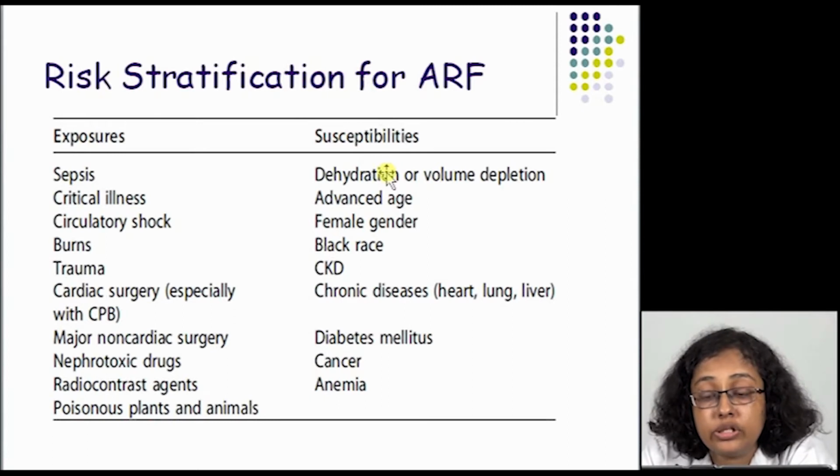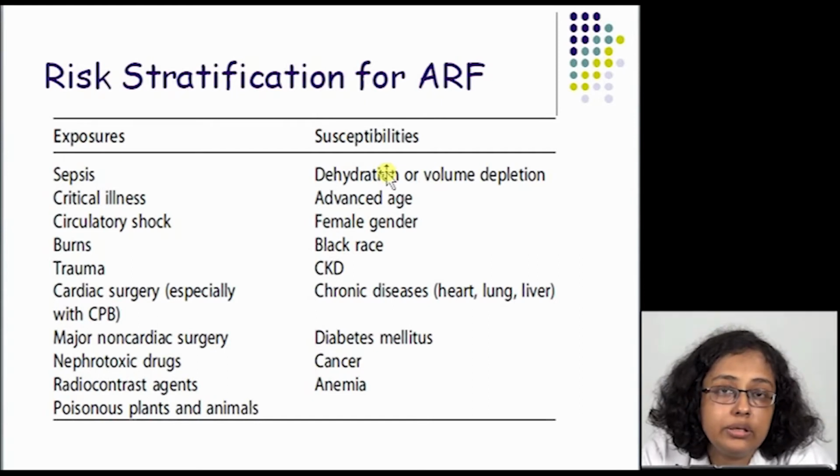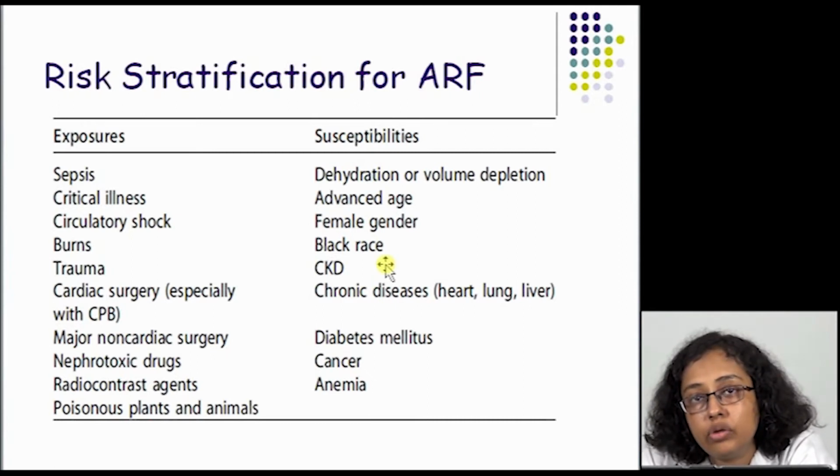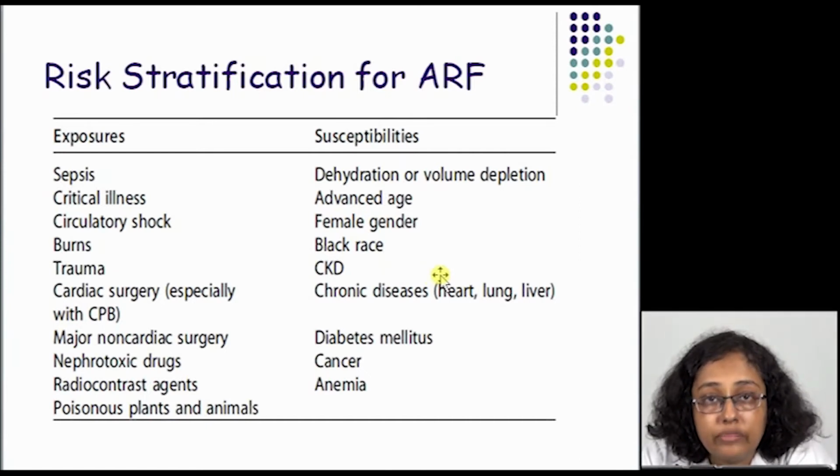Similarly, advanced age, elderly patients, females, black race, and a patient who already has underlying chronic kidney disease. As I said in my initial slides, acute kidney injury can develop superimposed on chronic kidney disease. Any other chronic disease involving any other major system, so a patient who has heart disease or chronic liver disease, if given a nephrotoxic antibiotic or a painkiller, is more susceptible.